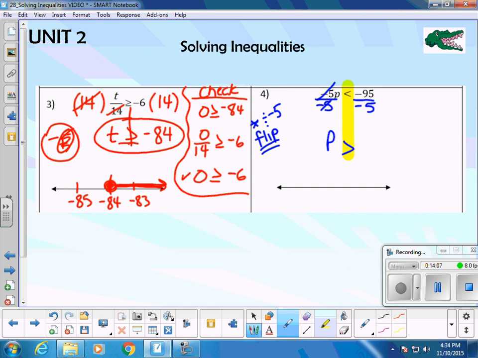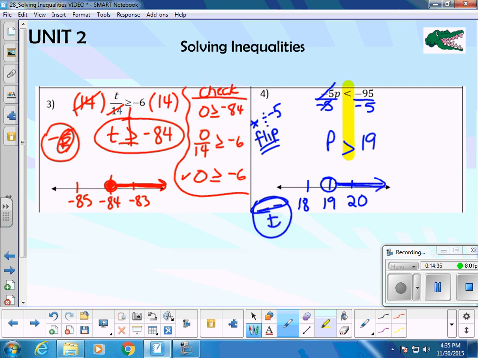P is greater than, and 95 divided by 5 is 19. And then think of your integer guy. A negative divided by a negative is a positive, so it just stays as positive 19. Okay, and it's just greater than, so I'm going to leave it as that, and it goes to the right.